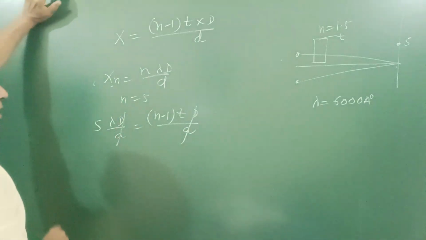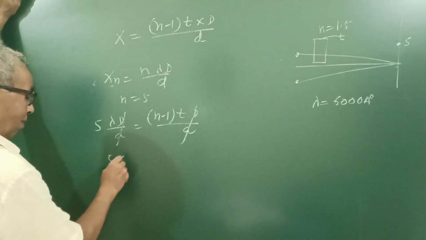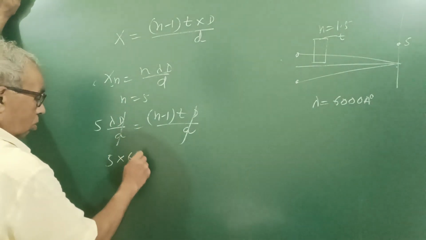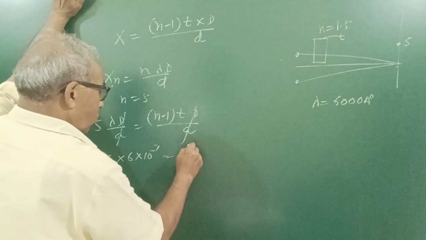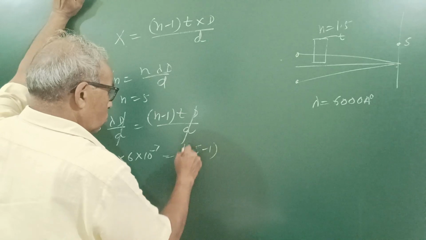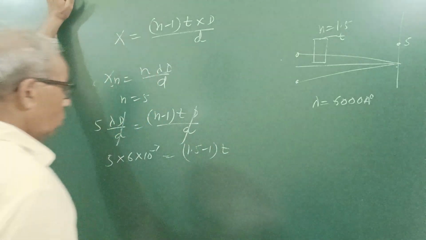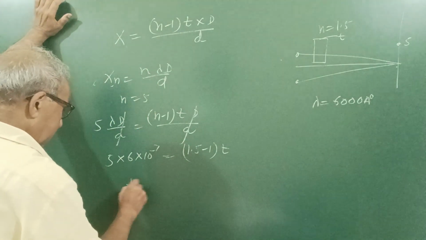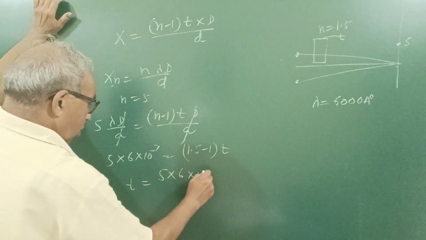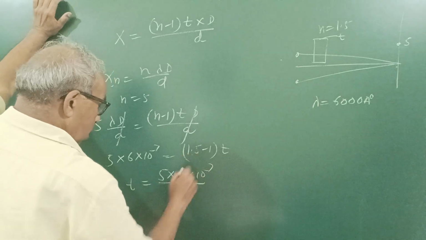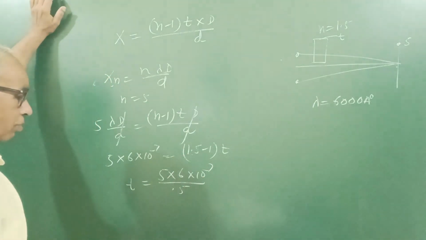These D cancel. 5 lambda, 6000 angstrom is 10 to the power minus 7, and (1.5 minus 1) into t. So here t comes out to 5 into 6 into 10 to the power minus 7 upon 0.5.